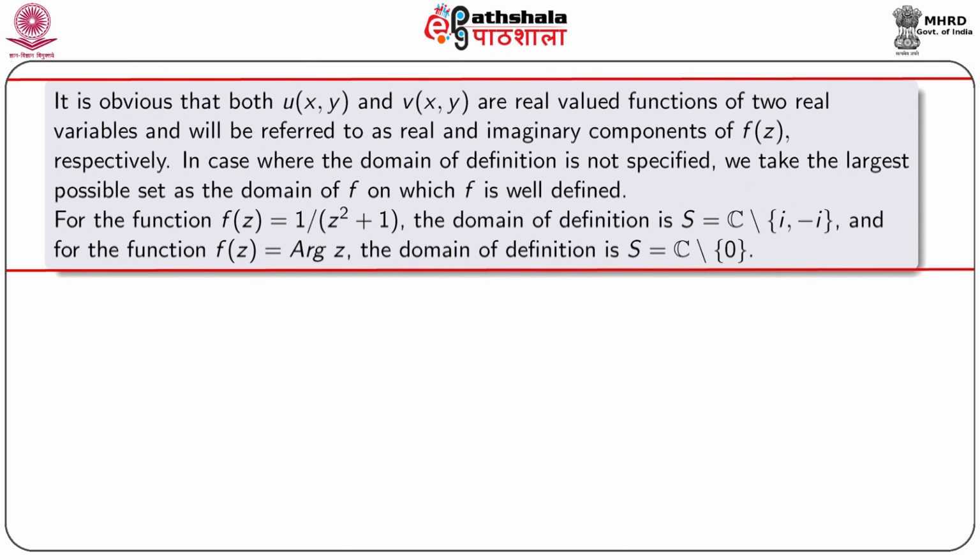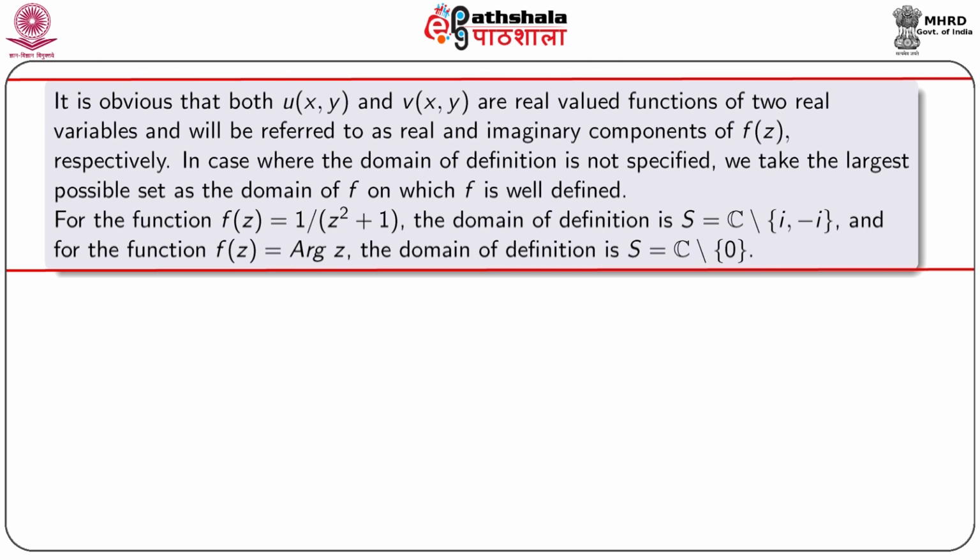It is obvious that both u and v are real valued functions of two real variables x and y, and will be referred to as the real and imaginary components of f of z respectively. In case where the domain of definition is not specified, we take the largest possible set as the domain of f, on which f is well defined.